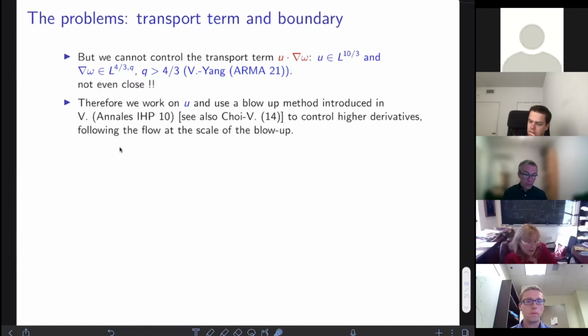And the idea that we use is that we actually had exactly the same kind of problem before, when we were trying to get a higher control and higher derivatives for Navier-Stokes. When you do this, you get exactly the same problem. The problem is transport, and we developed at the time, I say we, I began, and then there was a student, Choi, a way which was involving blow up.